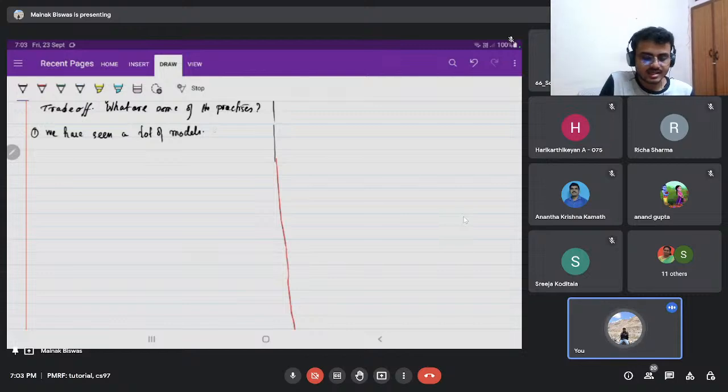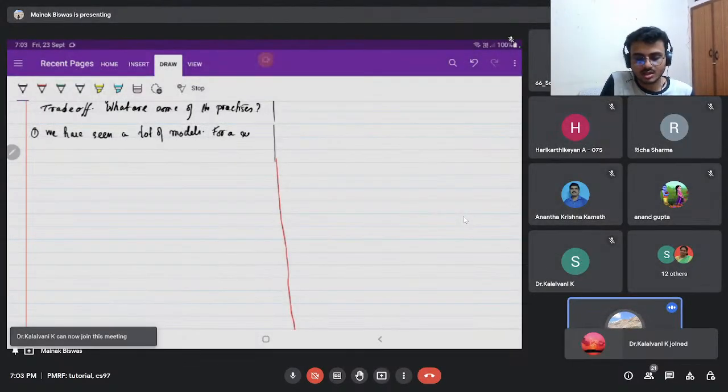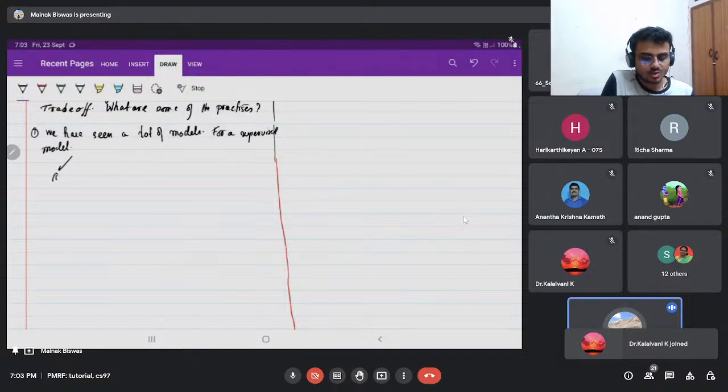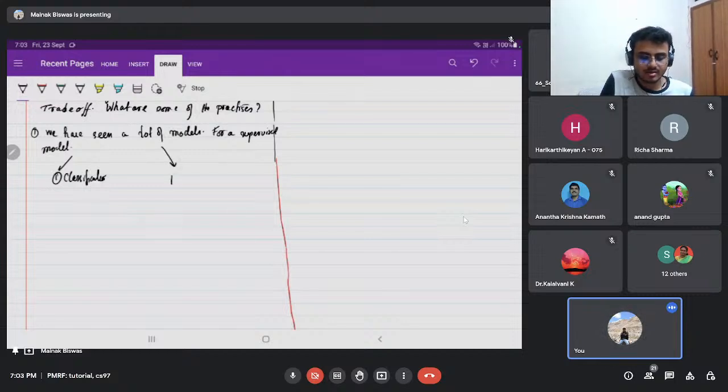Let's consider a supervised model, say one is doing classification and the other is doing regression.